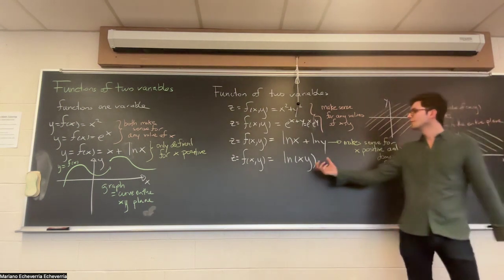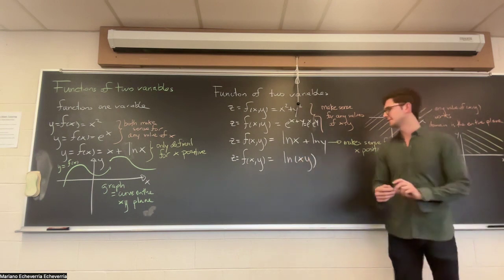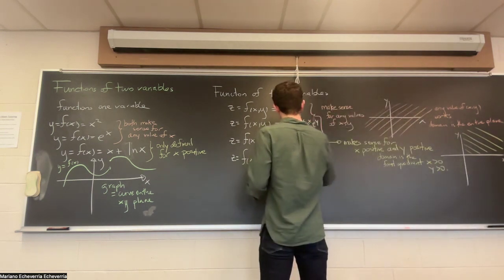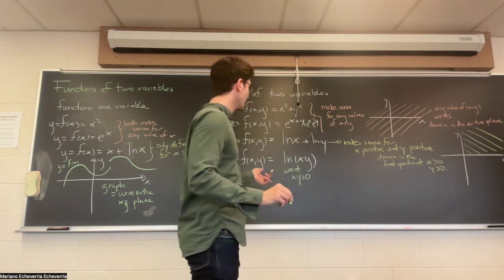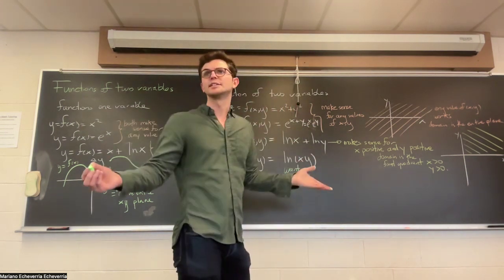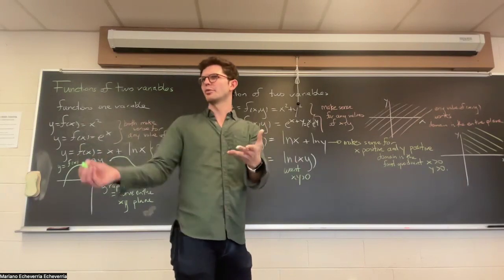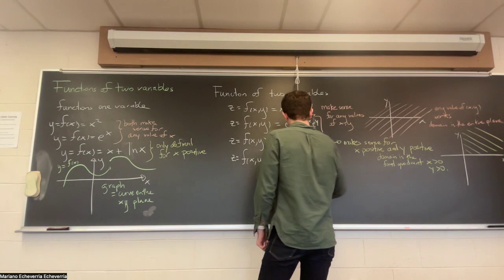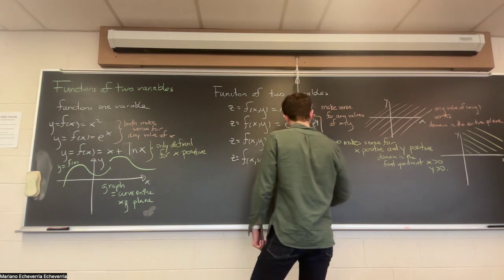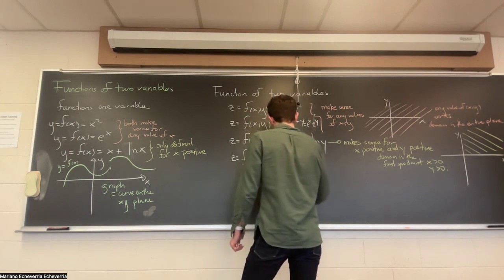Now you want this to be positive, so you want xy to be positive. And you ask, when is that true? Well, that is true when both have the same sign. Either both positive or both negative. So we need the same sign.